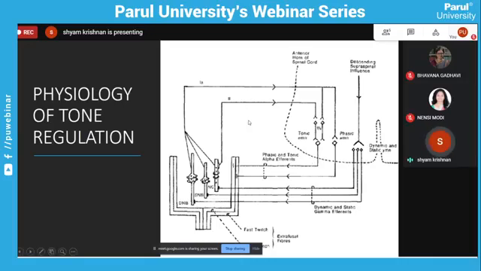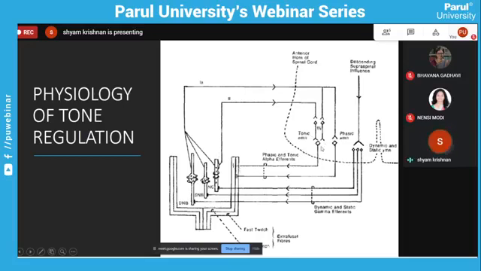Basically, for the tonic alpha motor neuron, there are type 2 fibers, which arise from the nuclear chain, and they essentially synapse with an interneuron in the spinal cord. That interneuron is stimulating the alpha motor neuron, which is responsible for regulating the tone.